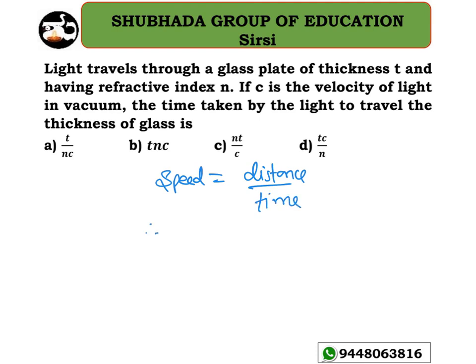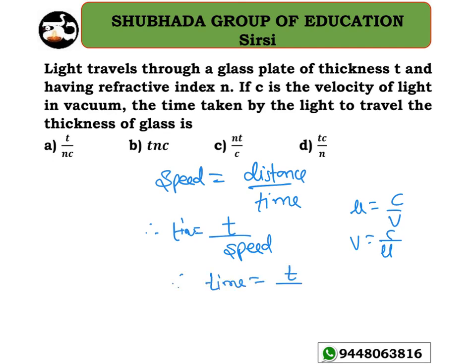So time equals thickness t divided by speed. As you know that mu is equal to c divided by v, so v equals c by mu. So I can take time equal to t divided by c by mu, that is mu t divided by c. Option C is the right answer for this question.